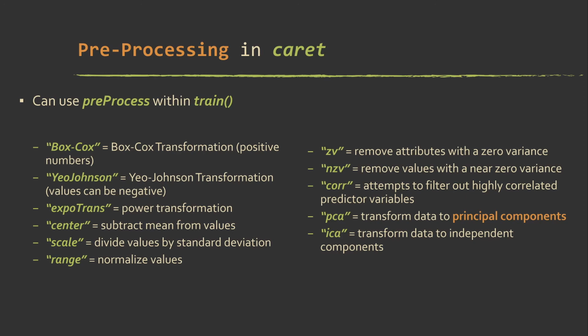You can perform PCA, or principal components, to generate new uncorrelated variables from the original data. There are options to remove highly correlated variables based on a measure of correlation, Spearman or Pearson correlations. And there are different types of transformations, like Box-Cox transformation, and normalizing over a range. So these are some examples.